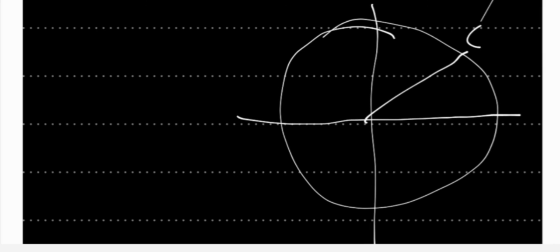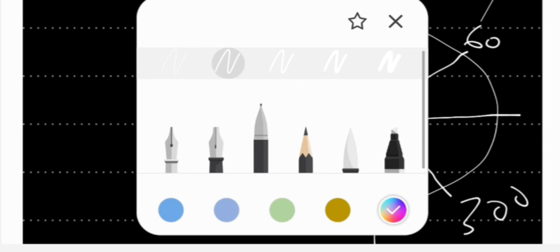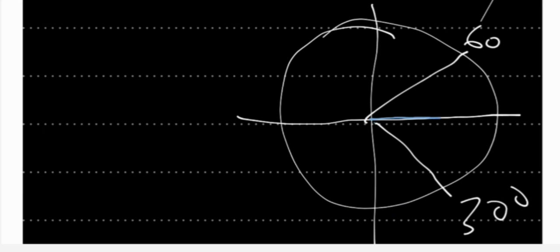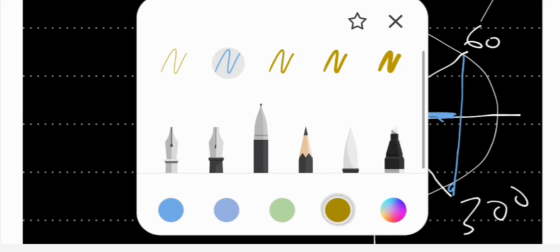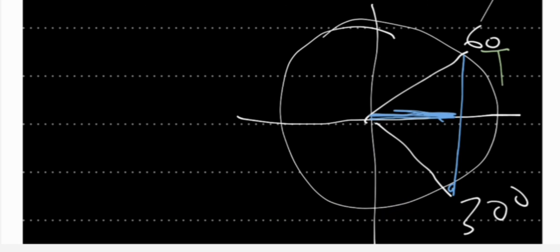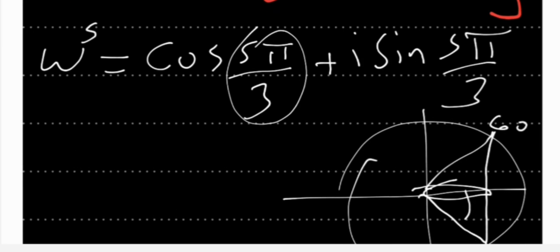This is the 60 degrees, and this is the 300. What is their cosine? It is this part over here, in blue. They both have the same cosine line, and for both of them it is positive. And this measure over here is the sine of 60, which is the same measure as this over here, but the only difference is this part over here is negative.